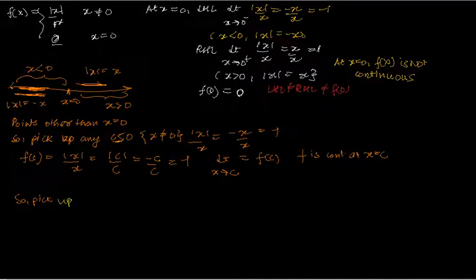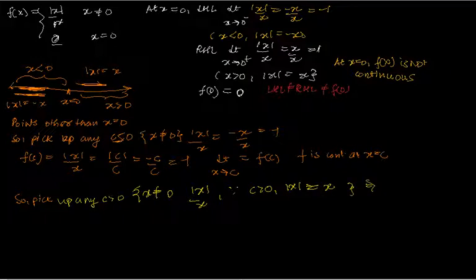Pick up any c which is greater than 0. I'm not talking about x equal to 0. Again, this is the domain of x not equal to 0. It means your mod of x upon x, but because c is greater than 0, mod of x would be equal to plus x.